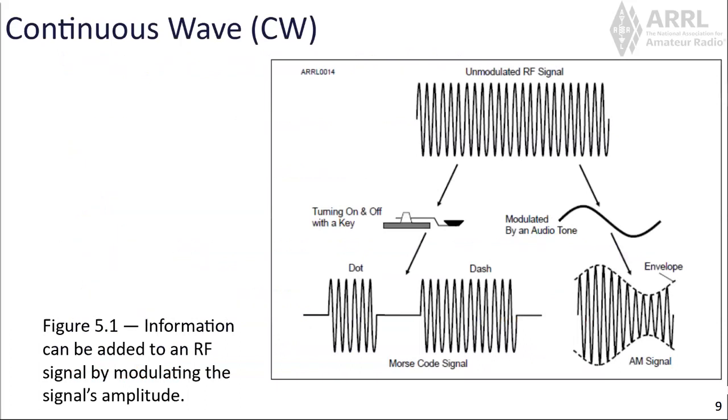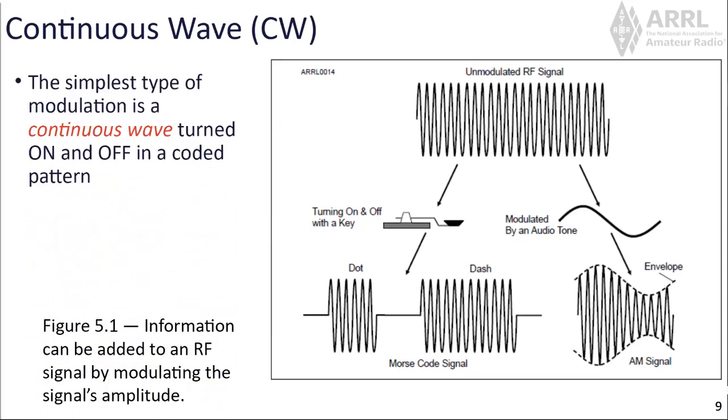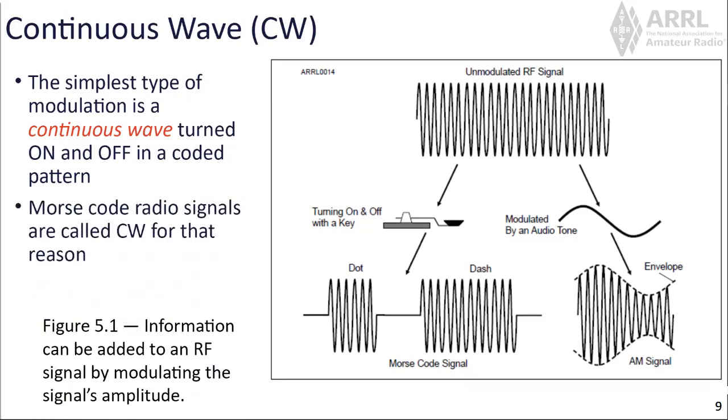Okay, here are your waves. I think click the next one up, Howard. Okay, information can be added. The simplest wave, you see the continuous wave up there at the top. Keep going. Okay, Morse code, that next thing down there, you're turning that wave on and off.